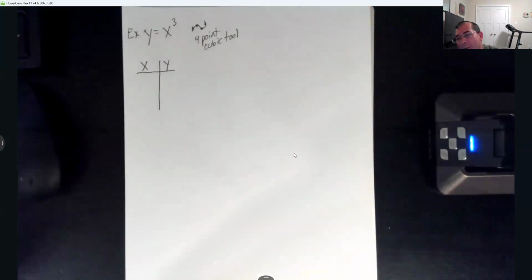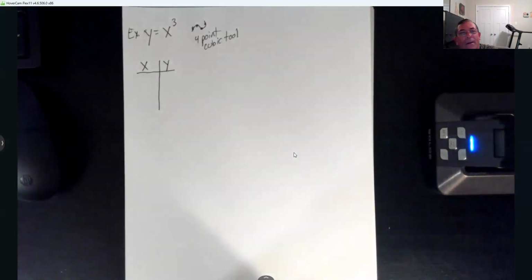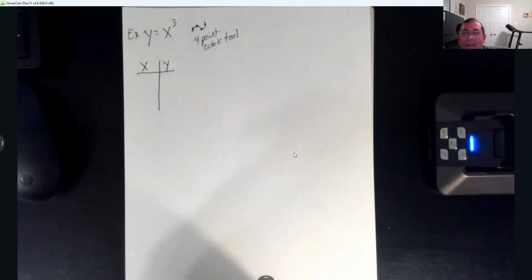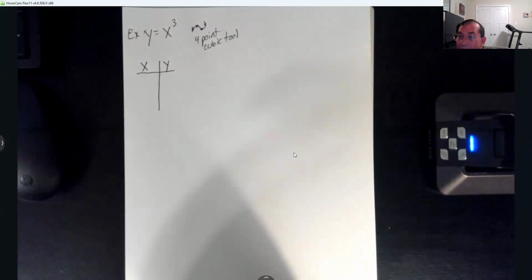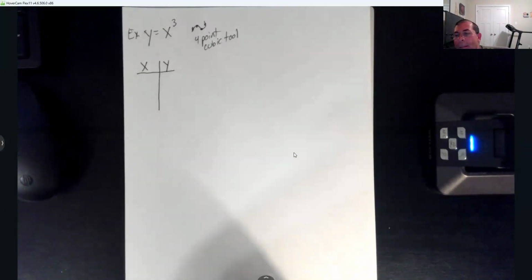Now, y'all, I don't know what y'all remember about cubes, but I would keep these numbers small for a cube. Let's just play with that a little bit. What is 5 cubed equal? Well, y'all, that would be 5 times 5 times 5. So if I pick a 5, my y value will be 125.